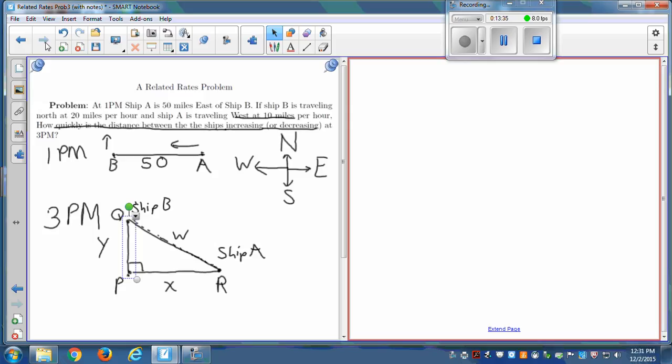So let me rewrite that. This is our expression for the change in w with respect to time. So we get (-10x plus 20y), all divided by w.